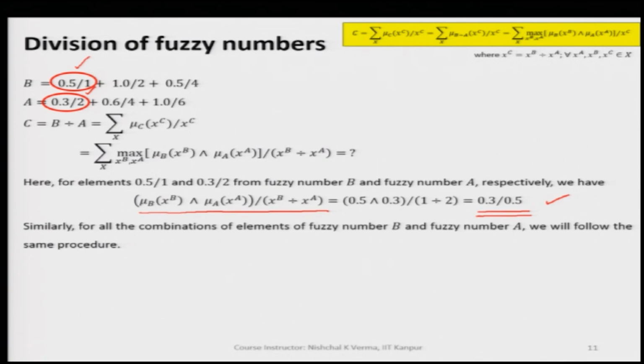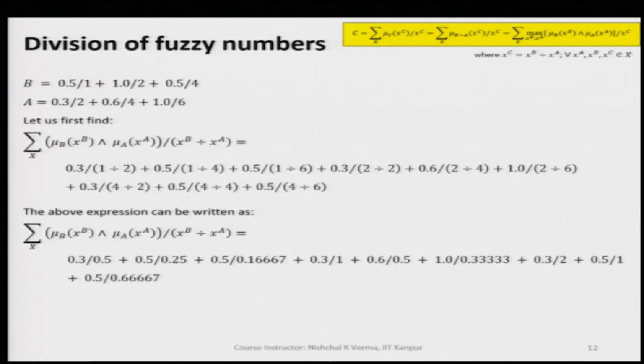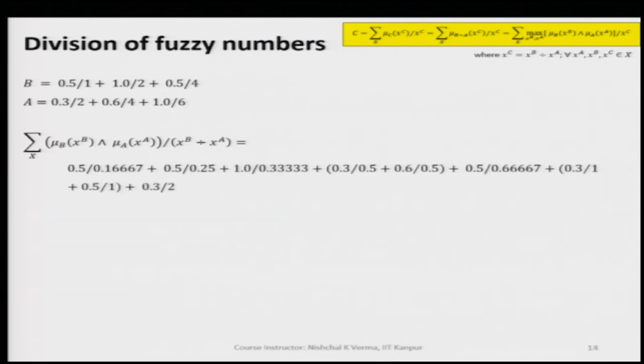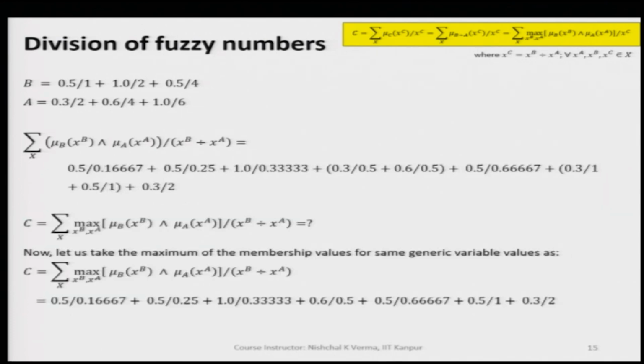So, likewise we find all such elements with the same exercise, and we see that finally we are getting, after applying the max criteria to avoid the conflicts for the same generic variable values.